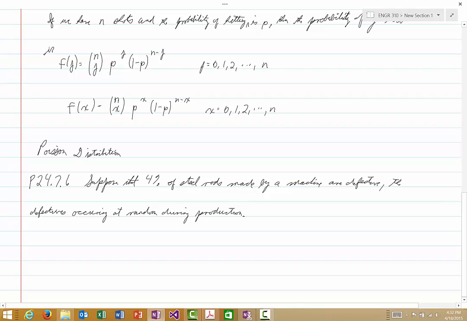If the rods are packaged 100 per box, what is the Poisson approximation of the probability?